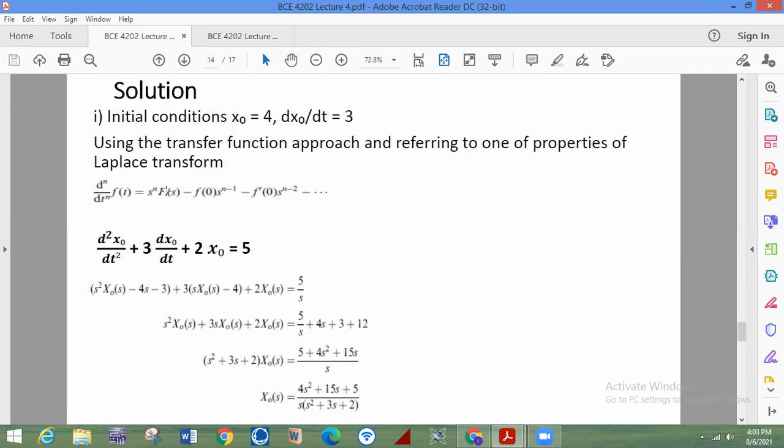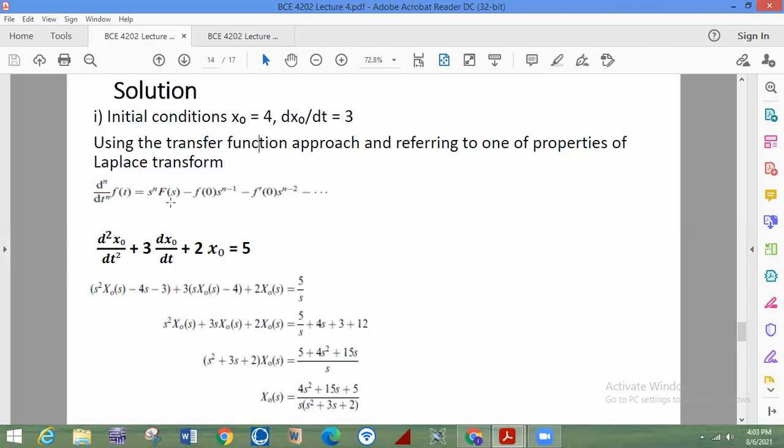And this is the Laplace transform of our function, f of s. In our case, it will be X naught of s, and X naught, please note, will be in upper case. So that's why it is X naught, meaning it has been Laplace transformed.